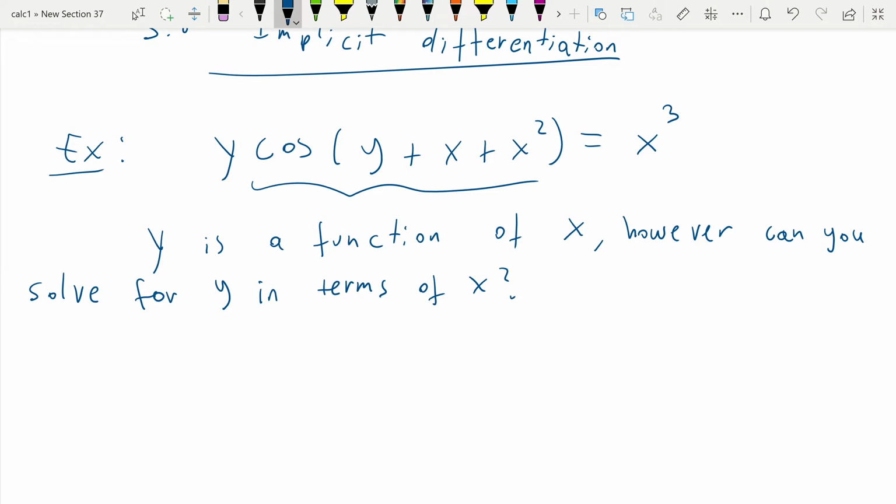Say it's pi, then cosine of pi will be equal to -1, and times y, which is equal to pi, will be minus pi. So minus pi will be equal to 0, and that will be a contradiction.